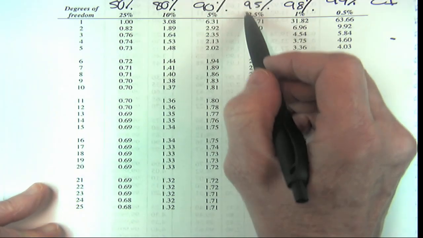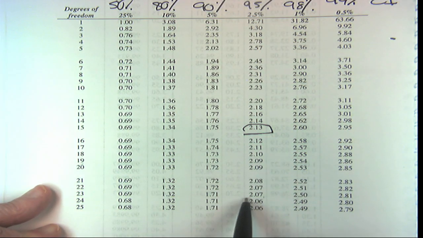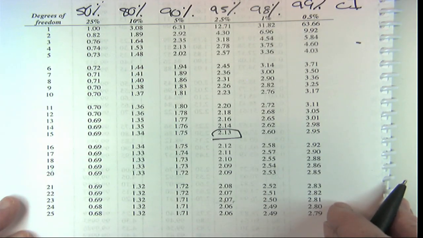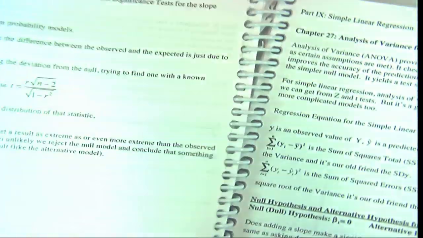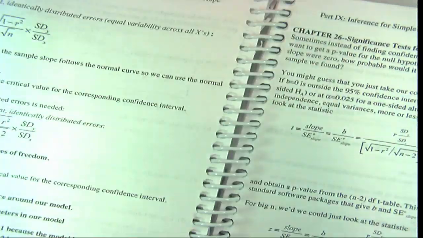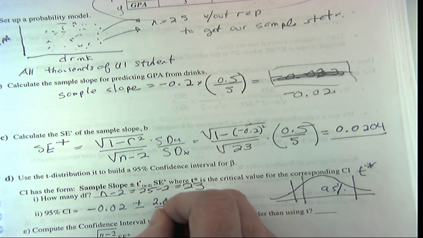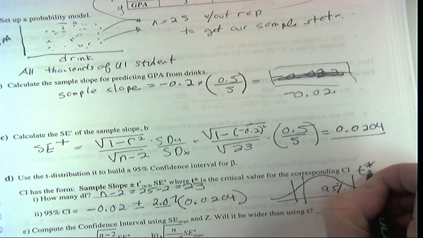So you follow this all the way down to 23, and do you see you get 2.07? Does everybody understand that? Okay, so let's put that in, then we'll be almost finished. So you could at least do the homework here. So we're going to put in 2.07. That's what t star is.